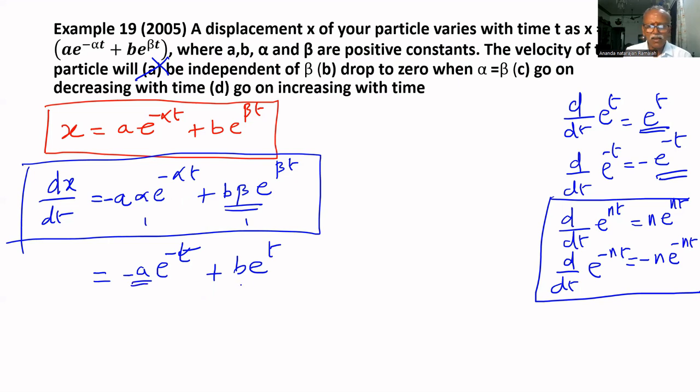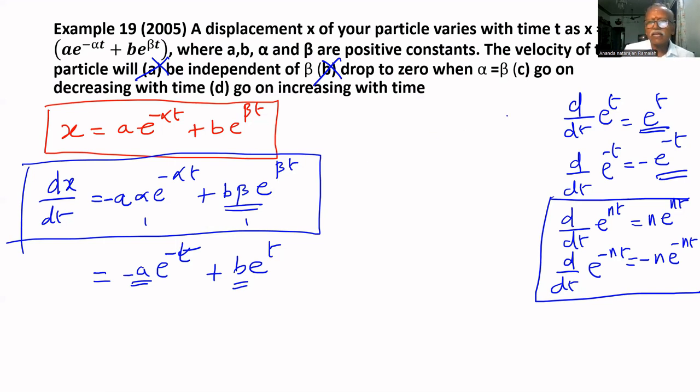Here a and b are not equal, and e power minus t and e power t are added, so they won't get cancelled. It won't become 0. Therefore, B is also wrong. In these types of sums, we have to eliminate the wrong answers first, rather than choosing the correct answer directly.